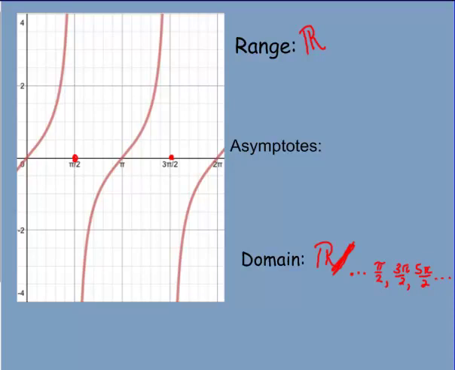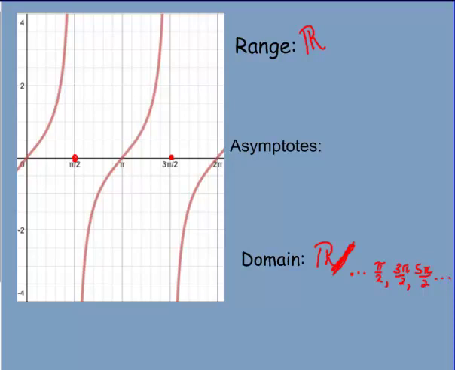Now what that is saying is the domain is every number in the world except, and then I formed a pattern here. And this pattern is pi over 2, 3 pi over 2, 5 pi over 2. So before this pattern and after this pattern.